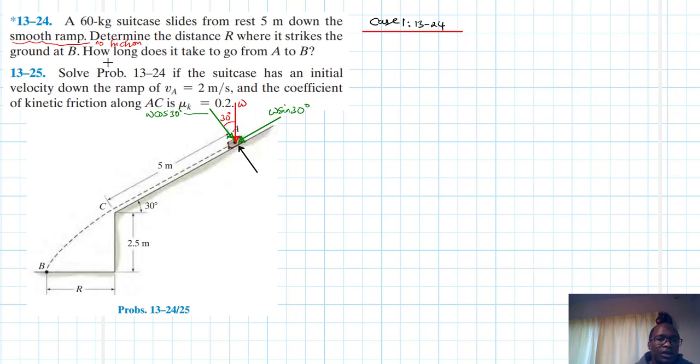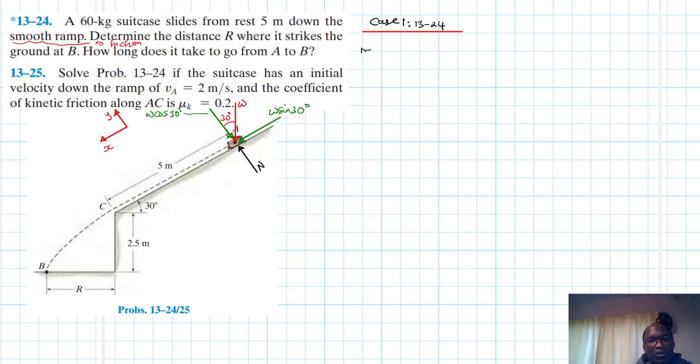And this one is our normal force N. Our reference is from this point to there. This is our coordinate reference, x positive, y positive.